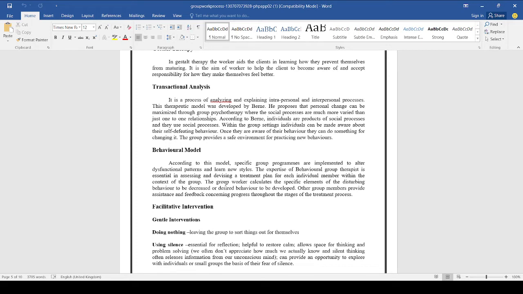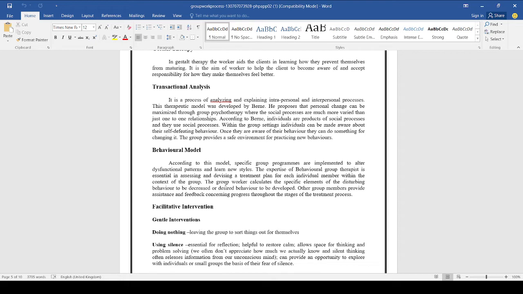Here the group worker identifies the specific elements of the disturbing behavior to be decreased or the desired behavior to be developed. Through this model, disturbing behavior is decreased and desired behavior is developed.